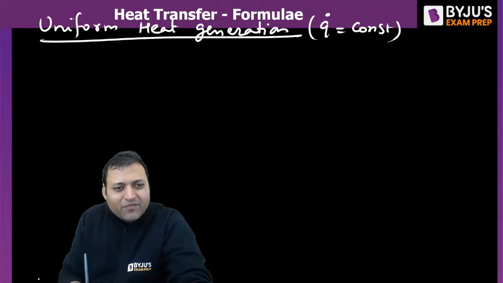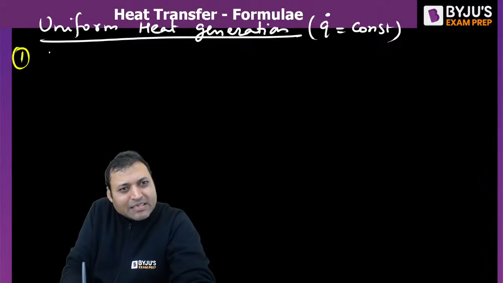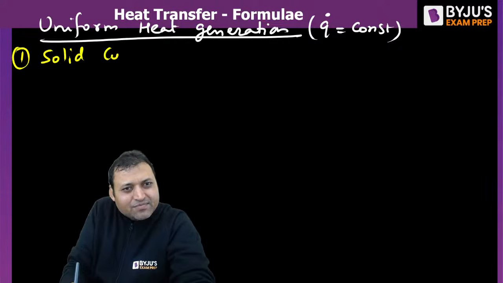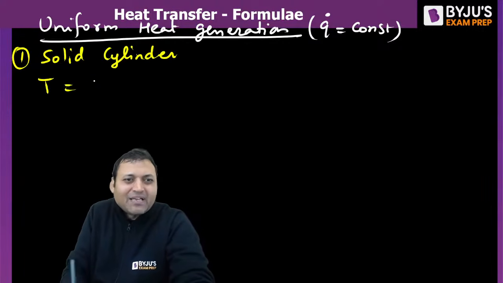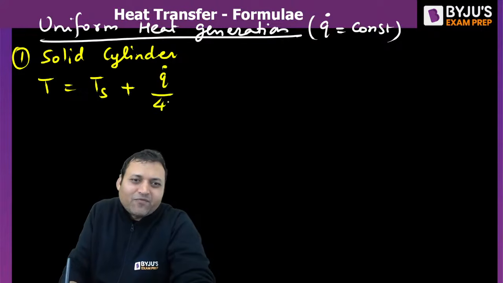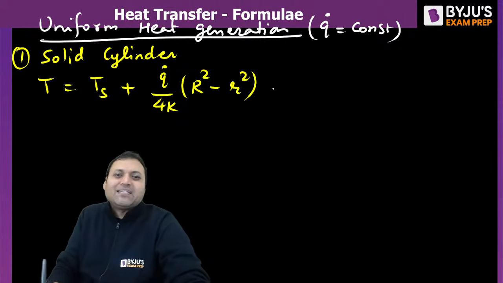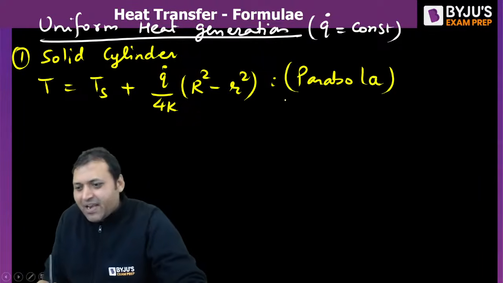Now if we write for a solid cylinder, what is the nature of the temperature profile? T equals Ts plus Q dot by 4K into (capital R square minus small r square). That is the formula, and the nature is parabolic.